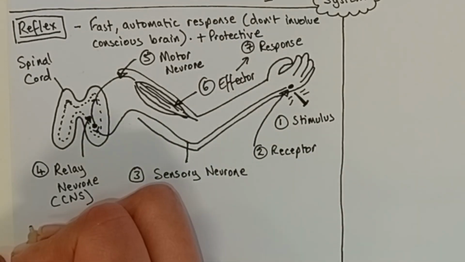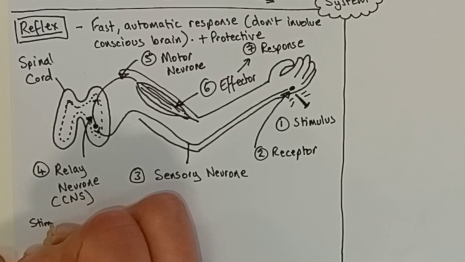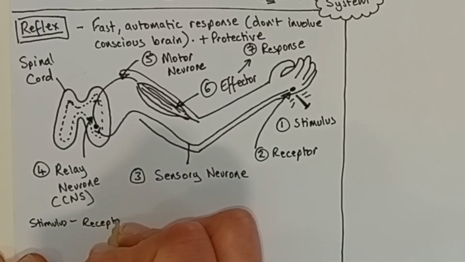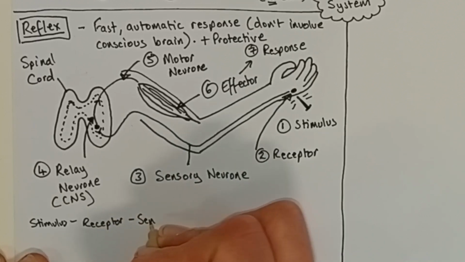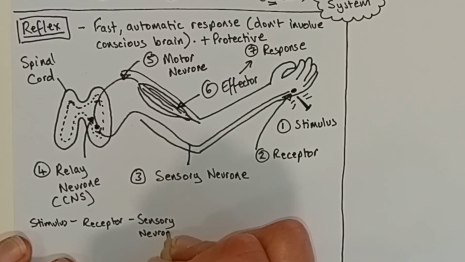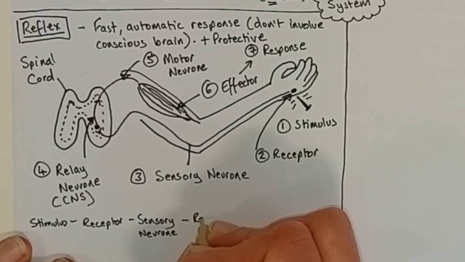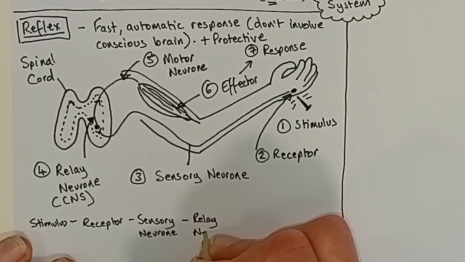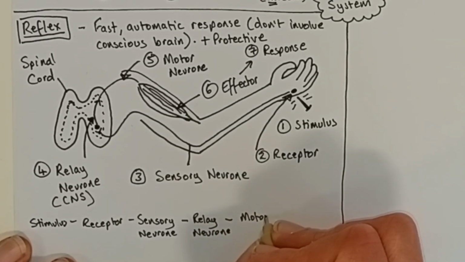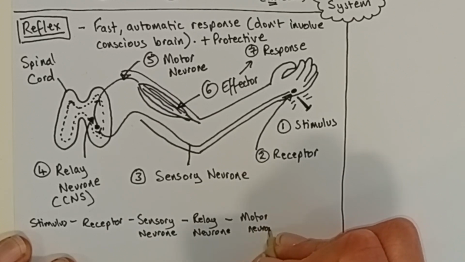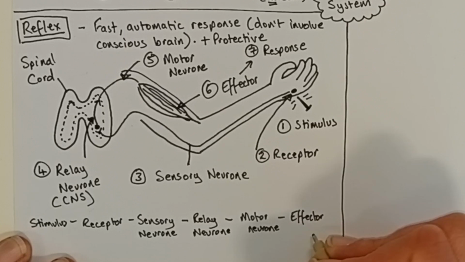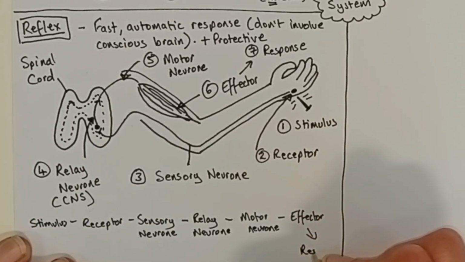So stimulus, receptor, sensory neuron, relay neuron, motor neuron, effector, response.